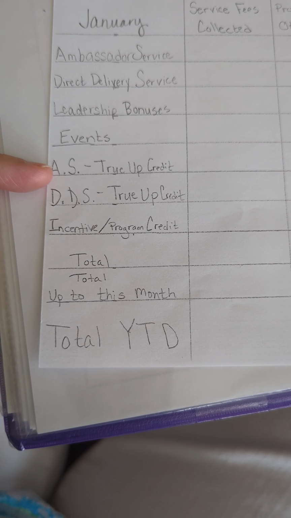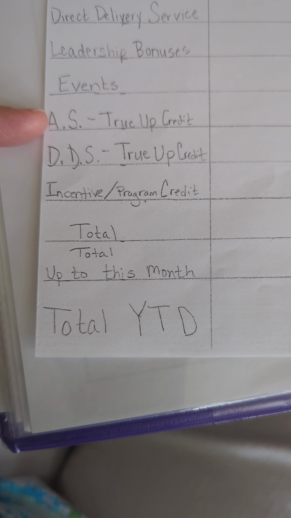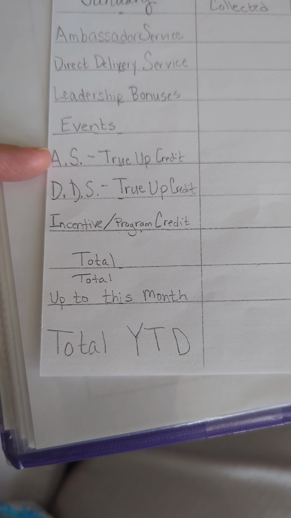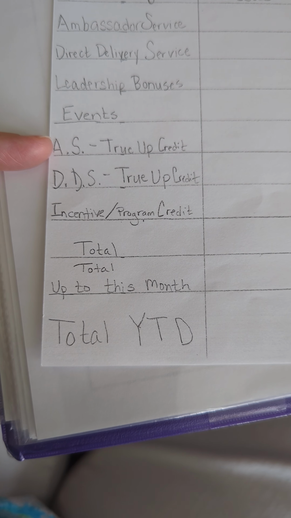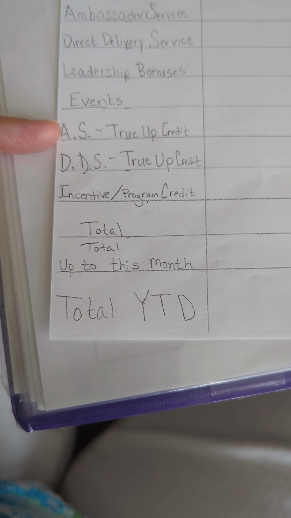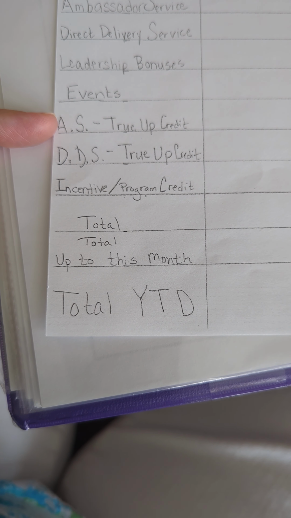And then we have AS True Up. That's when you have ambassador sales that are delivered, like you deliver those to people, and maybe you have more than one order going in, and you cross over into a new bracket of commission.